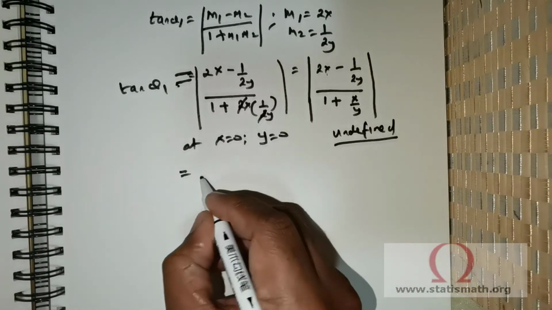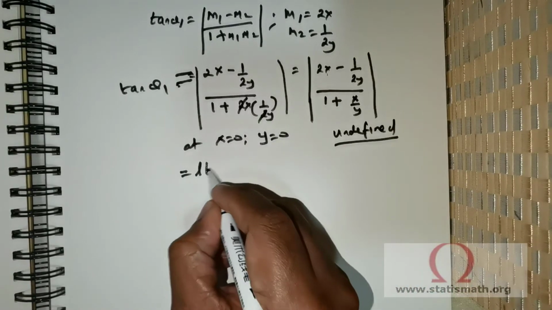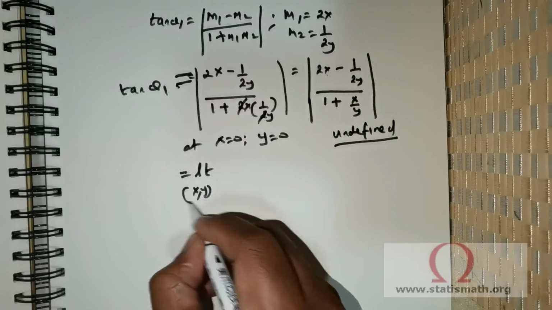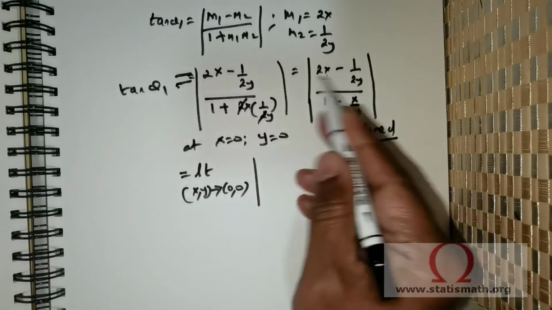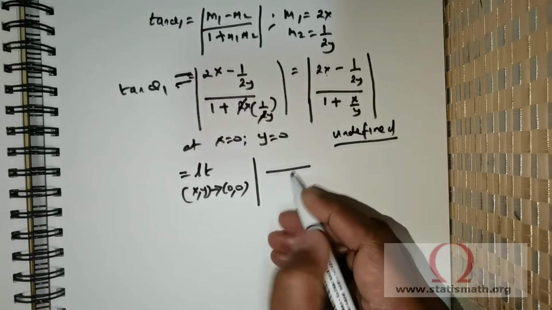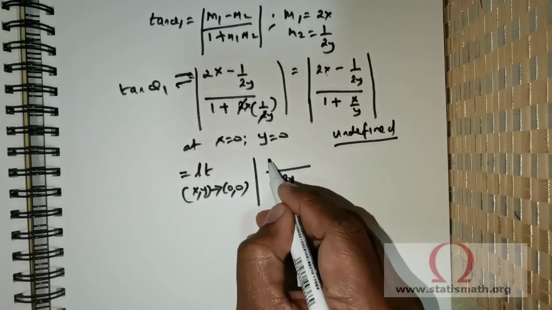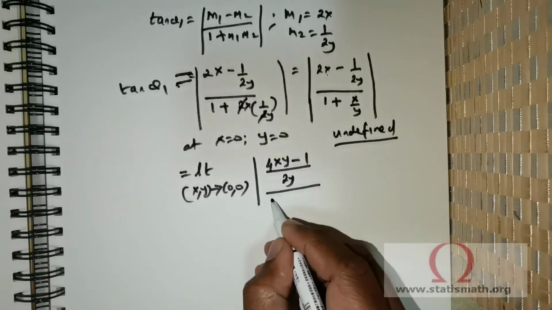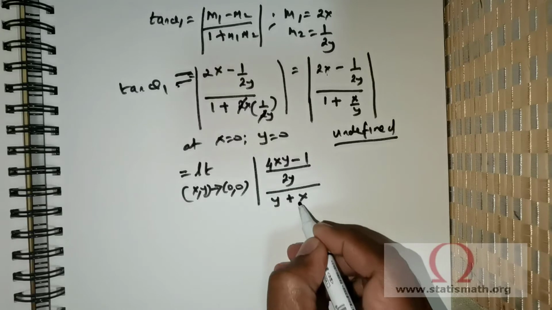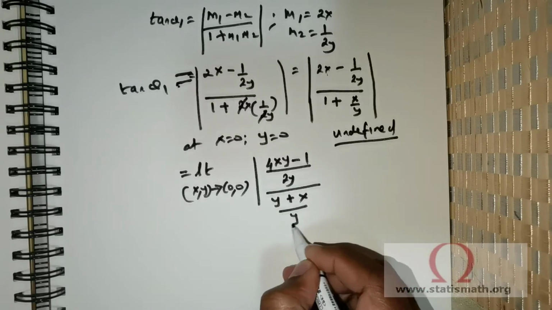So I'm going to rewrite this with the concept of limits, as the limit as (x, y) tends to (0, 0), and I'm going to rewrite this by taking 2y as the LCM. So that's going to be (4xy minus 1) divided by (y plus x) divided by y.